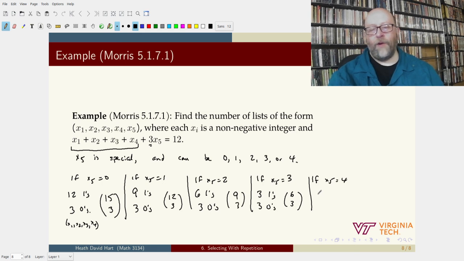What we're getting here is 0 ones and 3 zeros, which is like 0 choose 3. What is 0 choose 3 though?